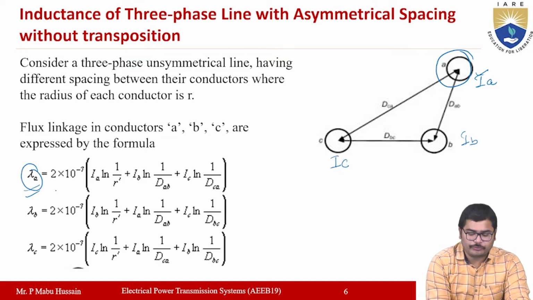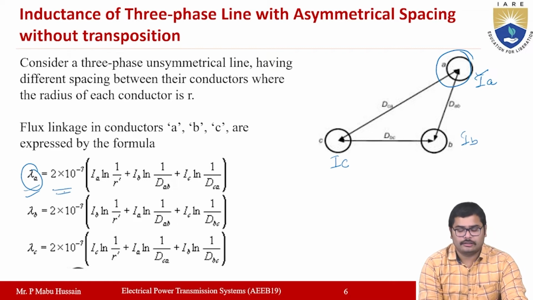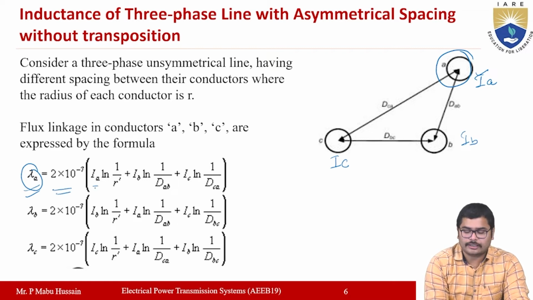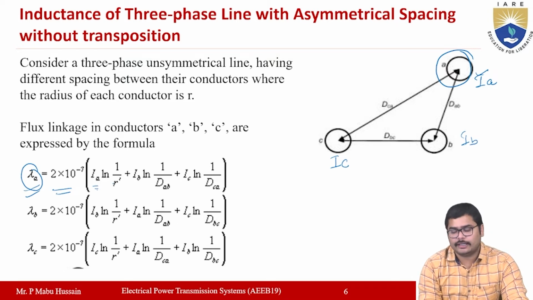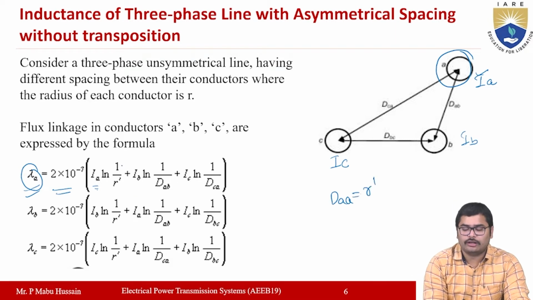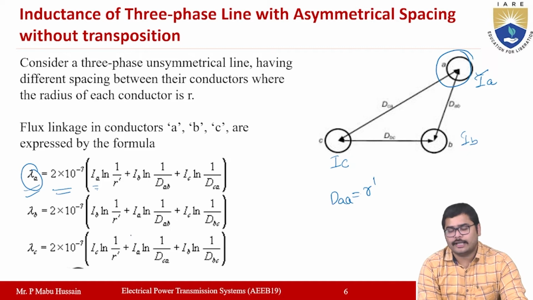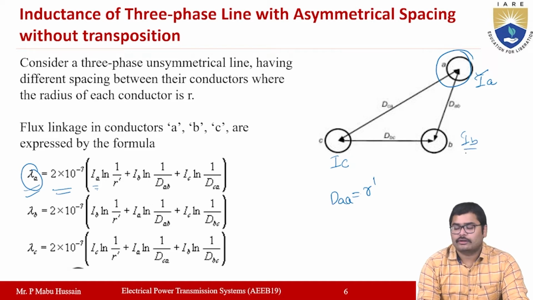That value will be equal to 2 into 10 power minus 7 into IA into ln 1 by DAA. DAA will be the same as r dash, so directly I am writing here: IA into ln 1 by r dash, plus IB into ln 1 by the distance from A to B, which is DAB.